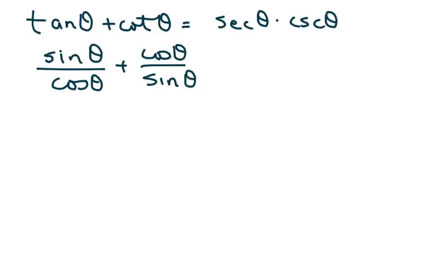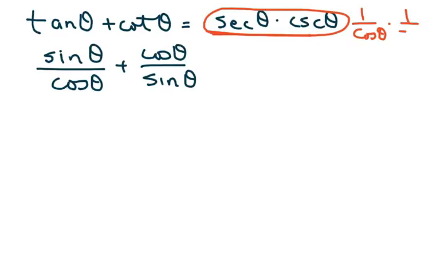Now keep our eye on what we want here. You might even want to rewrite this, just to see what it looks like, that's 1 over cosine of theta times 1 over sine of theta. And we just want it to look like this one or this one. Remember, you can work on both sides, you just can't cross.